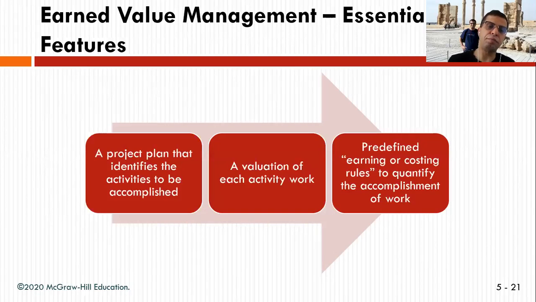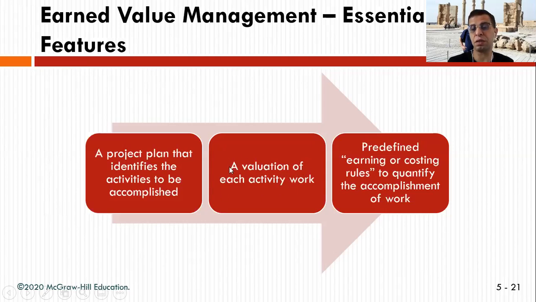So what do you do for a project with EVM? What are the essential features of it? Basically, you do a project plan that identifies the activities to be accomplished. You bring your project plan and you put an evaluation on each activity.